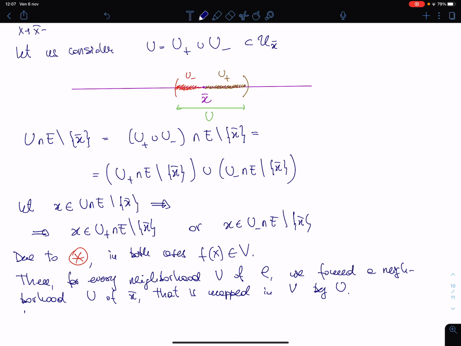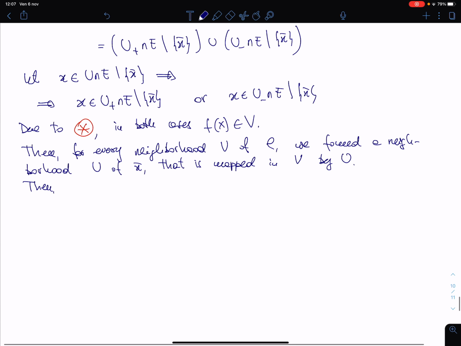Then we end up by saying that the limit for x going to x bar of f of x is equal to L, and this is the end of the proof.